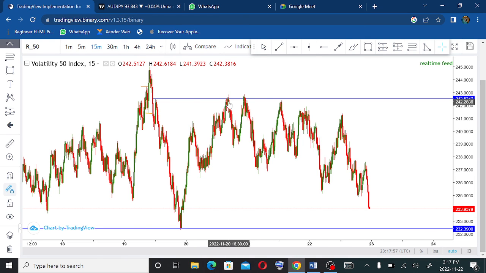Another confirmatory entry was this clear break of market structure to the downside, retest to this zone, then you pick your order block and sell it off, looking to take profit at this low, which it's nicely getting to.